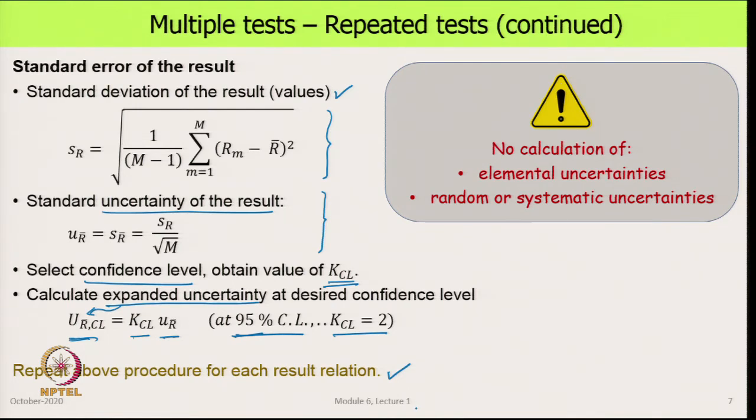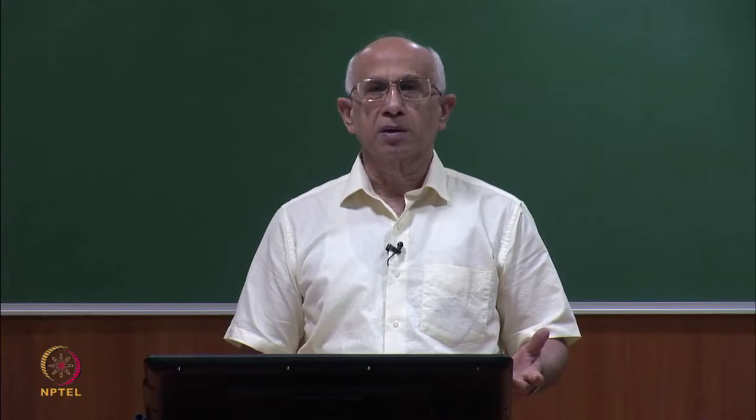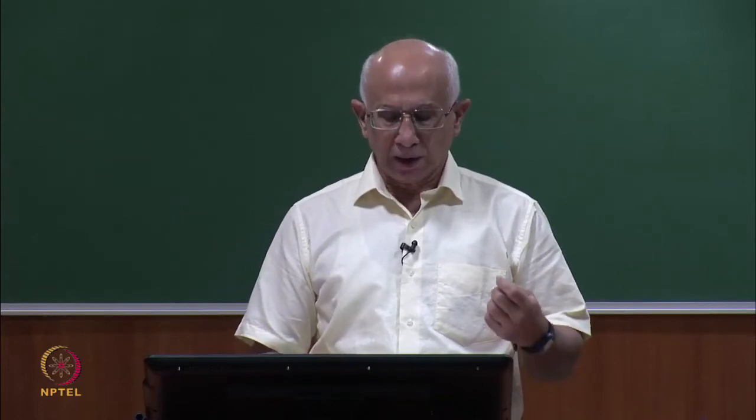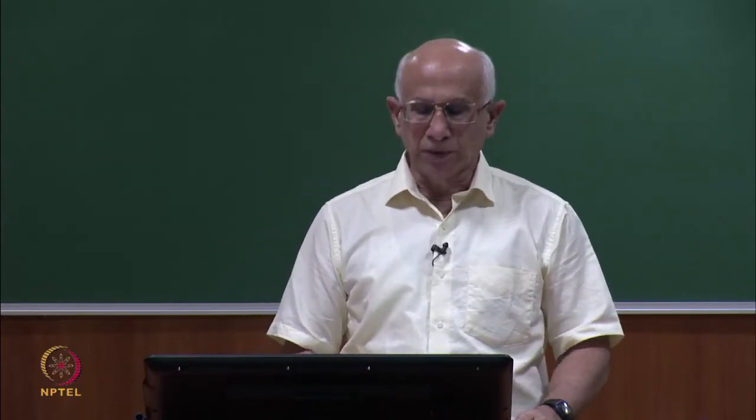So, the word of caution here is that, as we have mentioned, we are not calculating the elemental uncertainties. We are not calculating the random or systematic uncertainties. In a way, this makes life easy. We did not get into the nitty-gritty details of that, but by just doing the experiment over and over again and getting just the mean value in each case, we were able to establish the mean value of the result and its uncertainty.